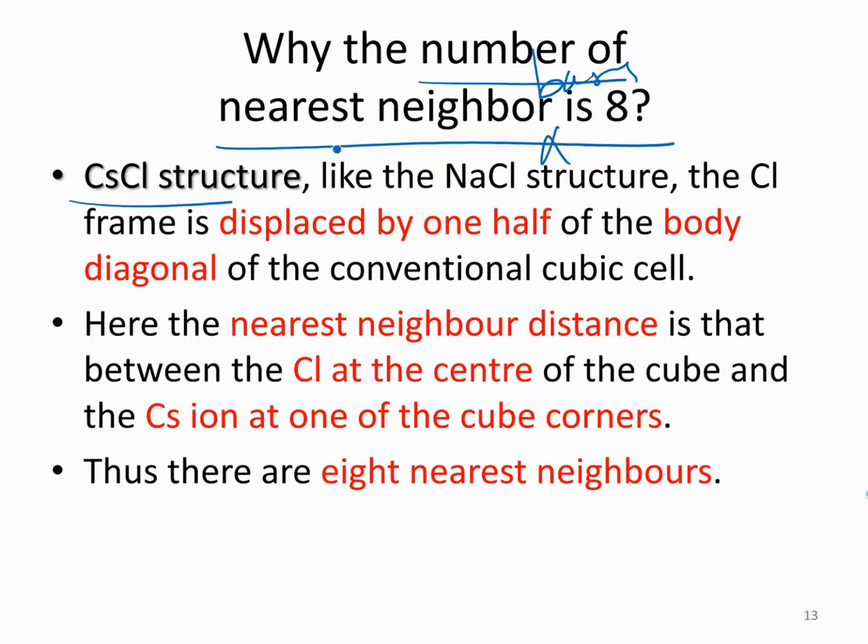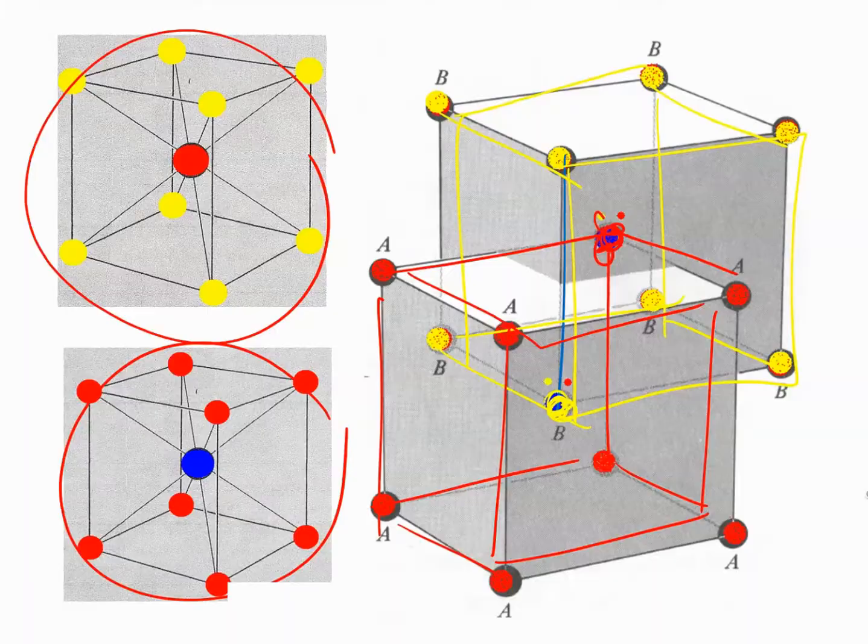So for cesium chloride, just like the sodium chloride structure, the chlorine lattice is displaced by 1/2 of the body diagonal of the conventional unit cell. Here, the nearest neighbor distance is that between the Cl at the center of the cube and the Cs ion at one of the cube corners. Therefore, there are 8 nearest neighbors.